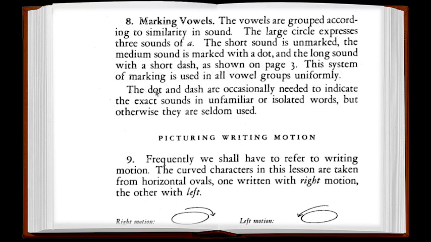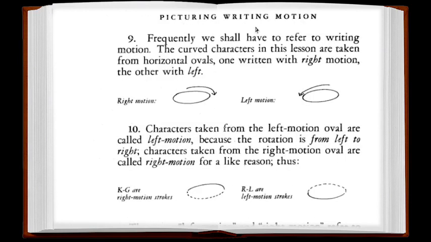This system of marking is used in all vowel groups uniformly. The dot and dash are occasionally needed to indicate the exact sounds in unfamiliar or isolated words, but otherwise they are seldom used.